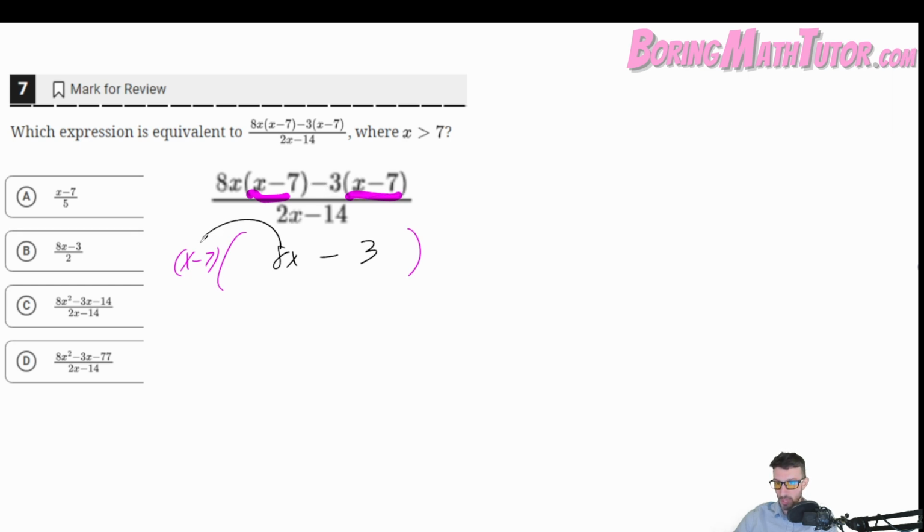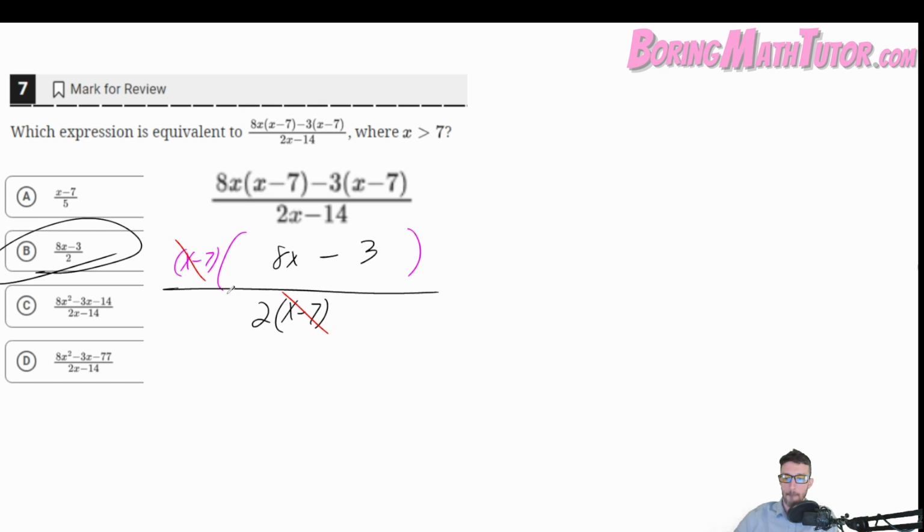If you were to distribute this, it would actually get you back to where you started, because this times that gets you that, and then this times that gets you that. So a little bit strange, but we're factoring out the x minus 7. And on the bottom, x minus 7 is actually going to be part of what you get when you factor out a 2 from here. So lucky us that the x minus 7 now cancels, and we're just left with B.